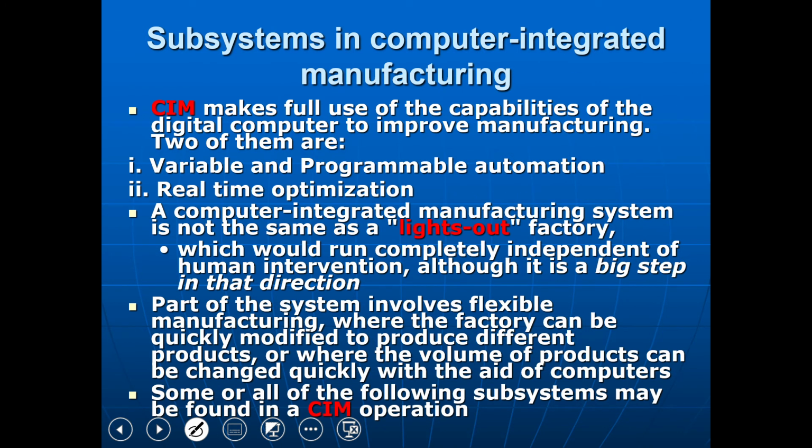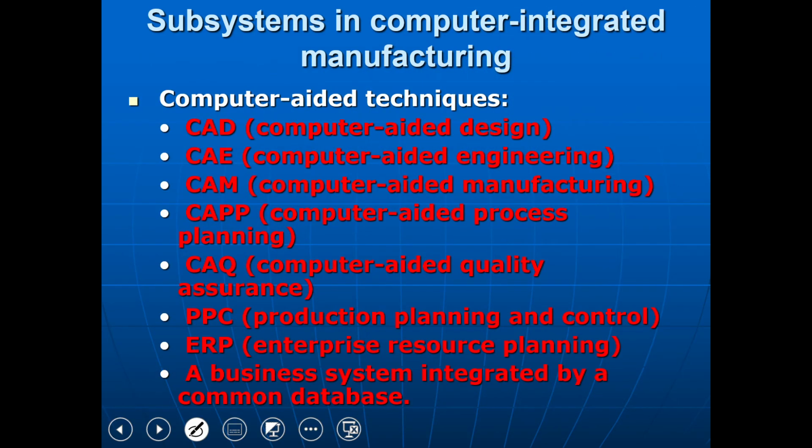And then some or all of the following subsystems may be found in a CIM operation. Computer aided techniques: we have CAD, computer aided design, computer aided engineering, computer aided manufacturing, computer aided process planning, CAPP, computer aided quality assurance, CAQ, PPC, production planning and control, ERP, enterprise resource planning, and business systems integrated by a common database.